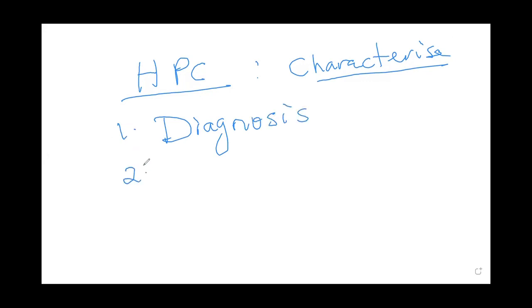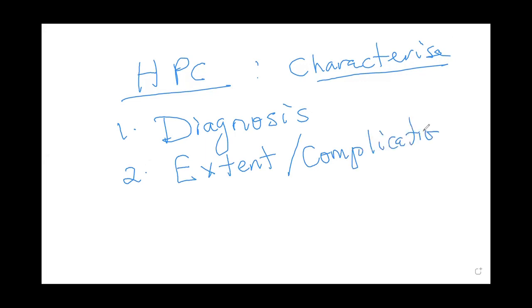It should be able to tell you the extent of the disease. This extent, in other words, what we mean is the complication of that disease. A good history of presenting complaint should be able to tell you the etiology of that disease.